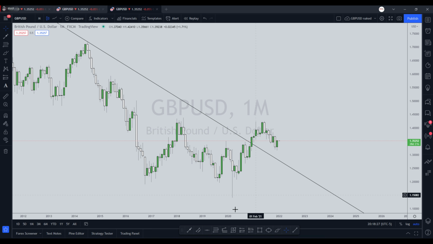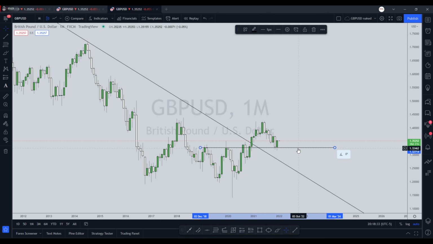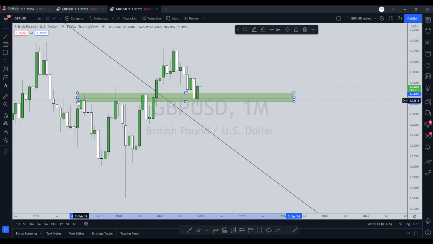And this area right here was the last lower high point that it made on a monthly time frame. So this right here was our lower high, lower low, high, made another low, now it made a high again, now it made a higher low.